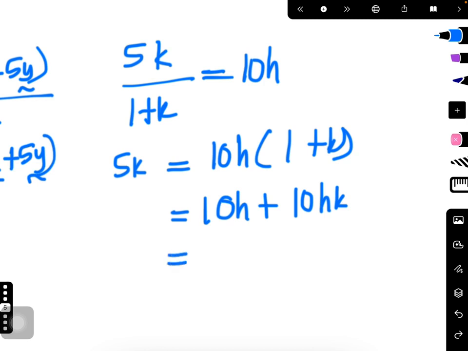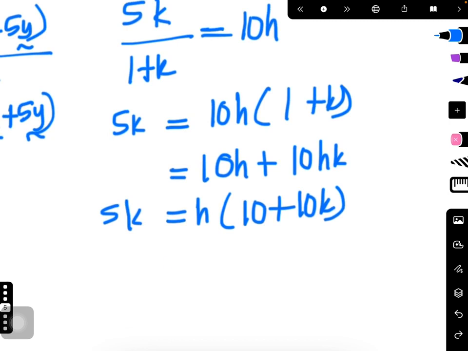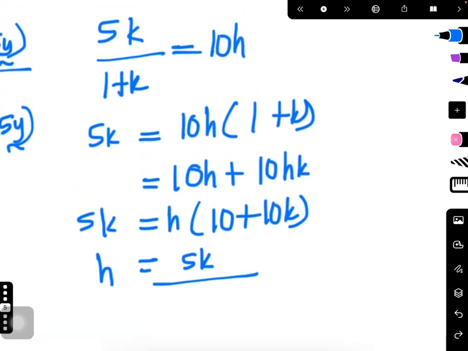Move the h outside, h equal to 5k over 10 plus 10k.